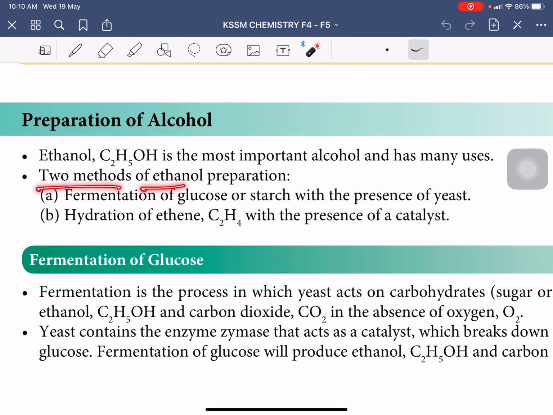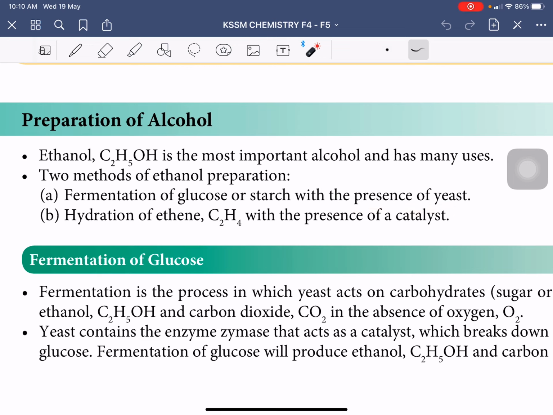Two methods of ethanol preparation. In your syllabus, we are going to focus on ethanol only. So two ways. A, fermentation of glucose or starch, kanji. Fermentation in bahasa Melayu is like membuat tapai, with the presence of yeast, dengan kehadiran yeast.